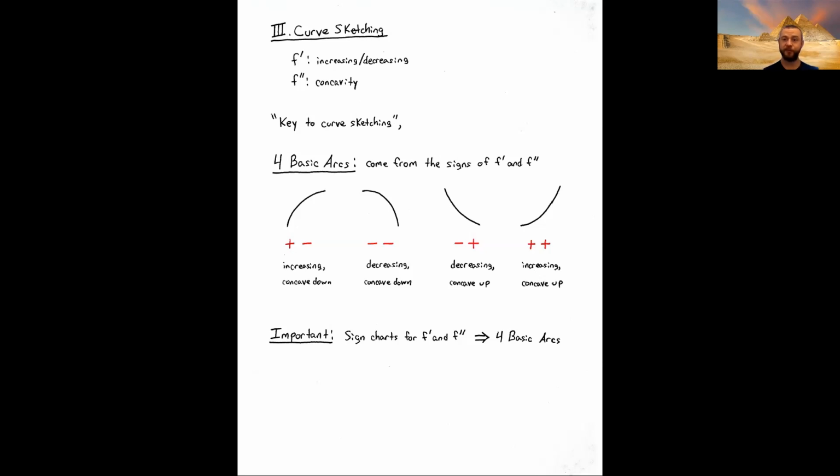Once we have those 2 sign charts, we can use them to determine the signs and get these 4 arcs. So once we have properly filled out sign charts for both first and second derivatives, the 4 arcs basically fall into place.